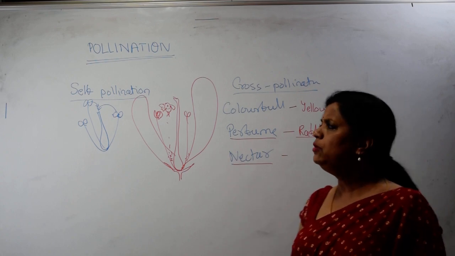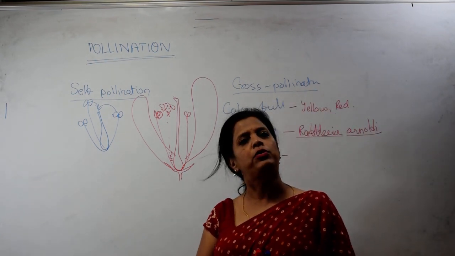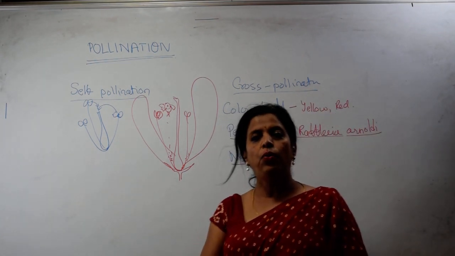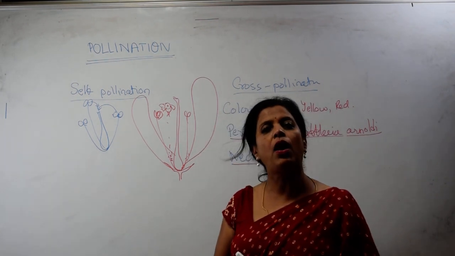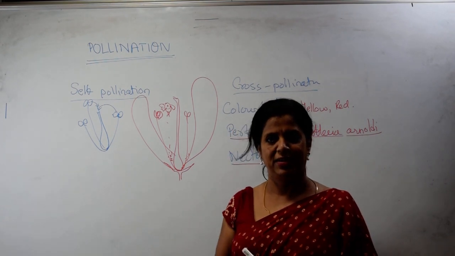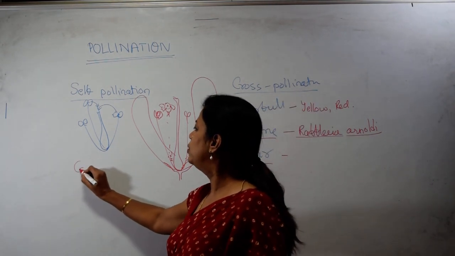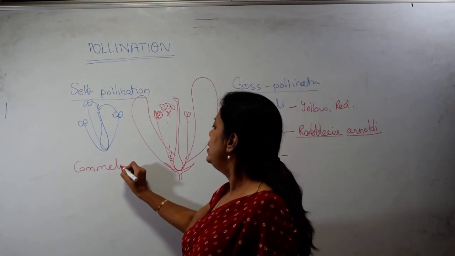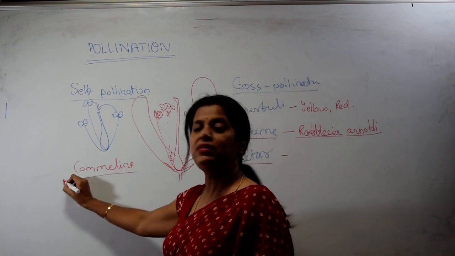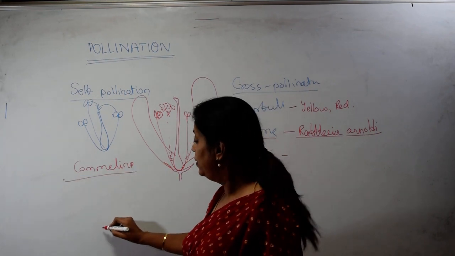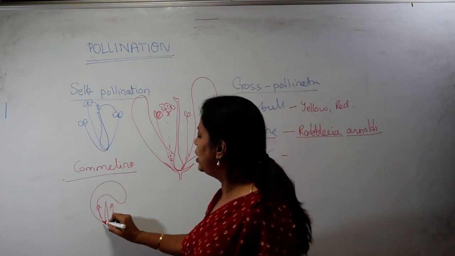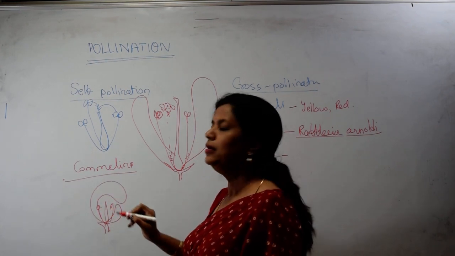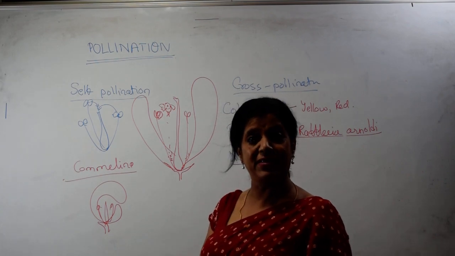Right? Now some important things about self and cross pollination, let me explain to you. One thing, self pollination. There are some flowers that undergo 100% self pollination. Right? Example is Commelina. In this plant, flowers remain closed. If this is the anther and this is the stigma, the petals almost cover this, like this. These are the closed flowers, right?